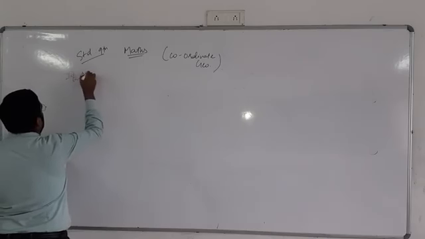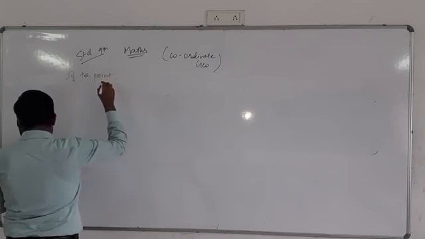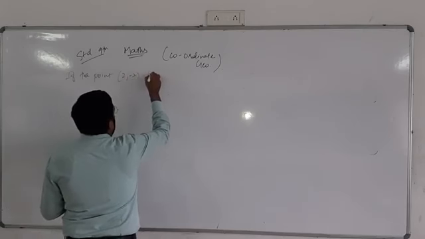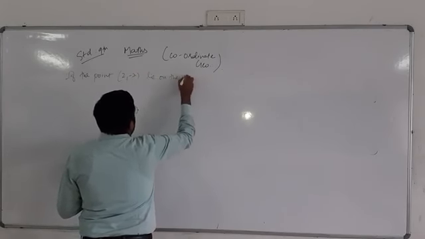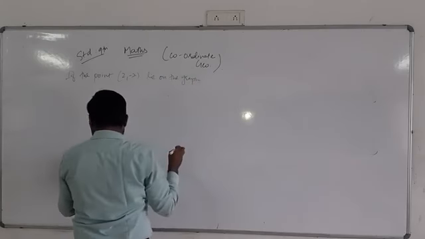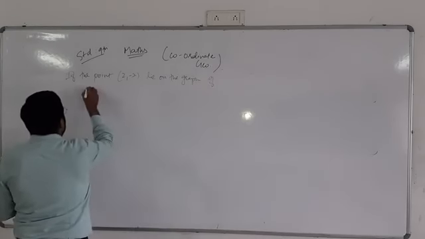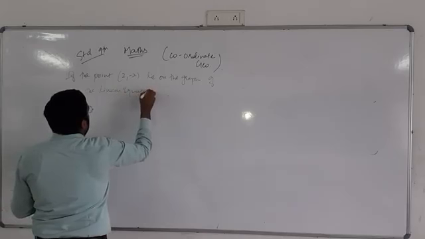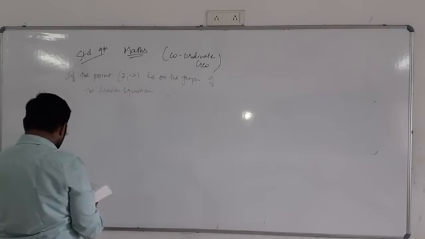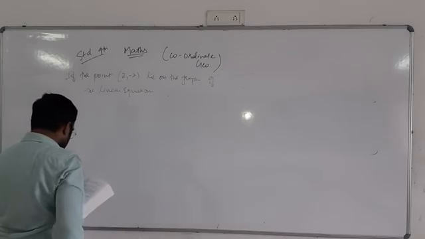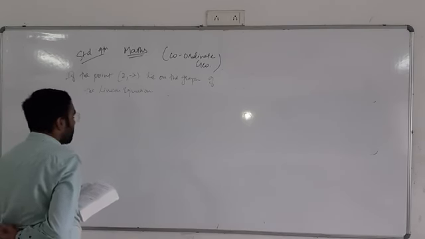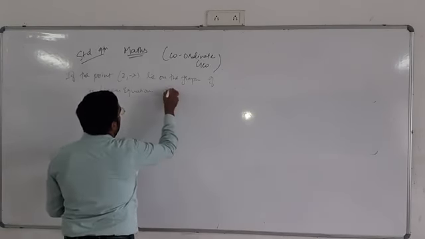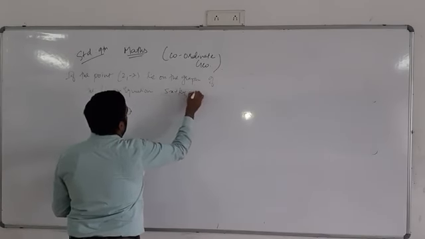If the point 2 comma -2 lies on the graph of the linear equation, that is my linear equation 5x plus ky equal to 4.